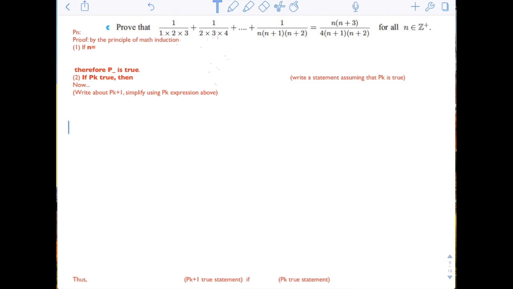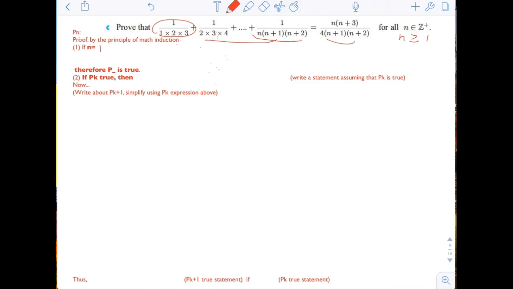Okay, so for this case, our conjecture is to prove that this expression is equal to this sum expression for n greater than or equal to 1. Okay, so the base case is if n equals 1, then basically this expression here would be 1 over 1 times 2 times 3, which is the first term.